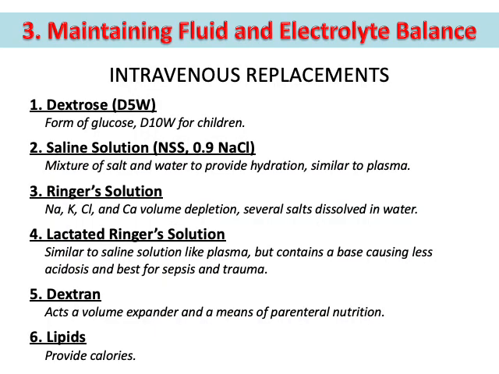These are the different intravenous replacements we can give a child in order to maintain fluid and electrolyte balance. Dextrose, I mentioned a while ago that D10 water is usually given for children, especially if on NPO, but only for the first 24 hours.